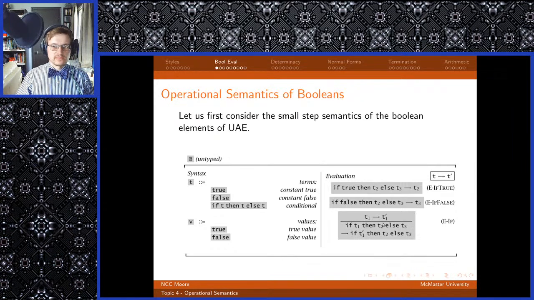If we take as a premise that T1 evaluates to T1', we may conclude that if T1 then T2 else T3 evaluates to if T1' then T2 else T3. So, if we have it already established that T1 evaluates to T1', we can perform a substitution from T1 to T1'. There you go.